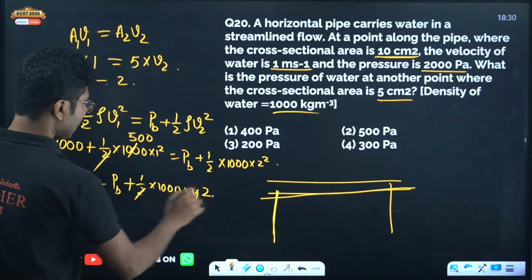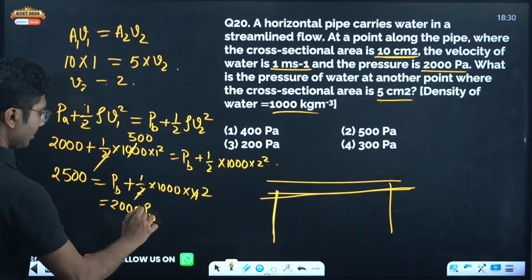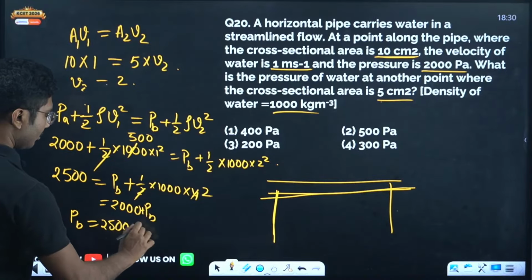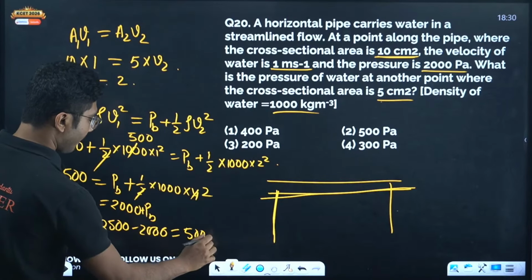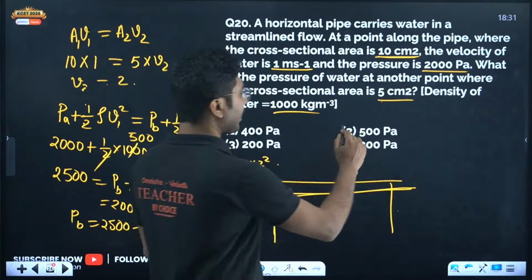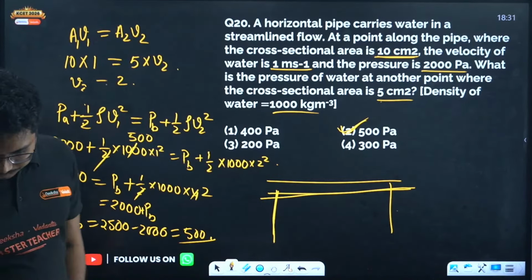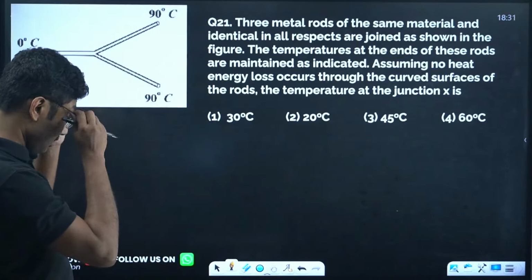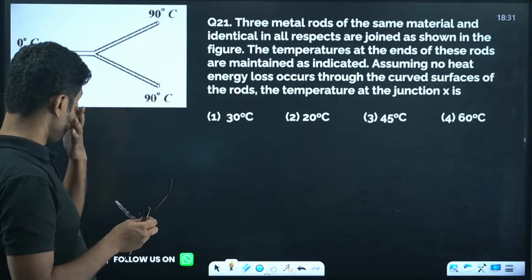So it gets cancelled, so you get 2000 plus PB. So PB equals 2500 minus 2000, that is equal to 500. So the correct answer is 500 pascals. Yes, I made a mistake. Instead of half I have taken G. So that is my mistake, sorry.